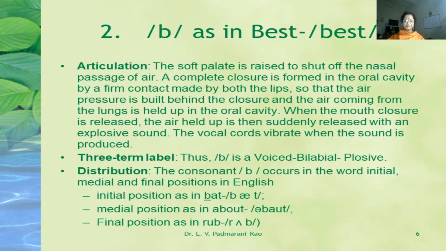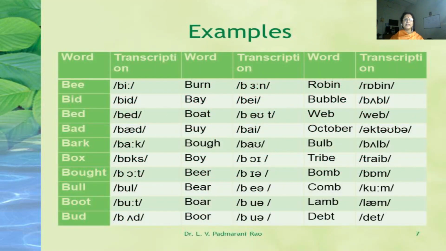That's right. The examples for practice are B-E-E, bee. B-I-D, bid. B-E-D, bed. B-A-D, bad. B-A-R-K, bark. B-O-X, box. B-O-U-G-H-T, the long one, bought. B-U-L-L, bull. B-O-O-T, the long one, boot.